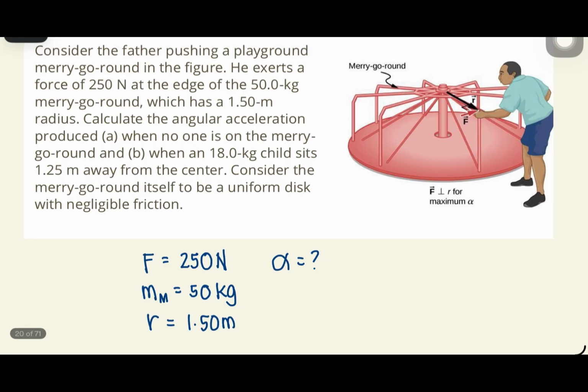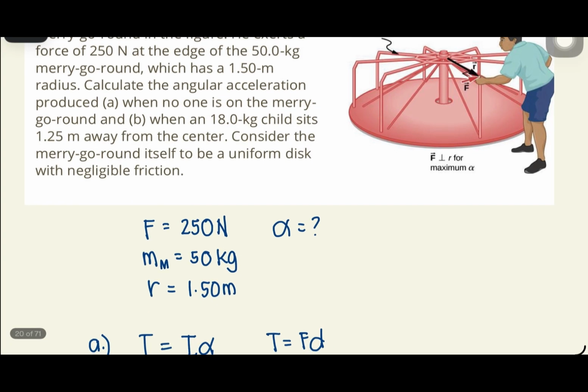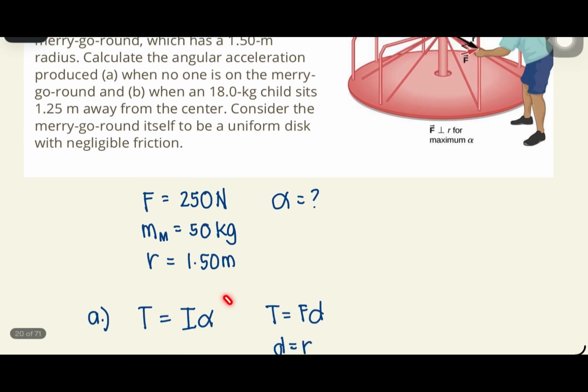Okay. So, this is our solution. Once you have listed all the known variables, we have the force equals 250 Newton, the mass of the merry-go-round equals 50 kilogram, the radius is 1.5, and the unknown is the angular acceleration for part A when no one is on the merry-go-round. We have to solve this one using Newton's second law for rotation.